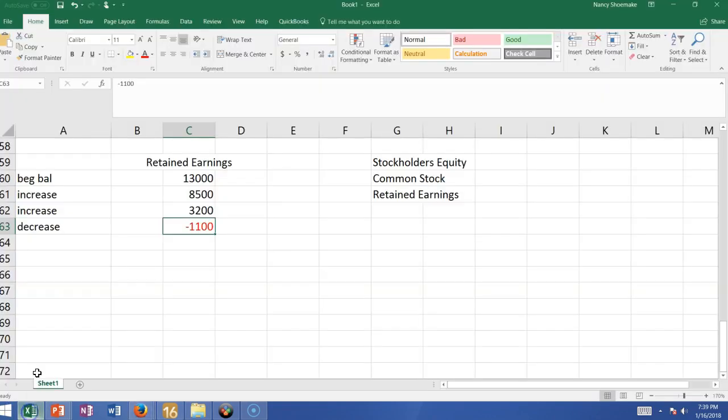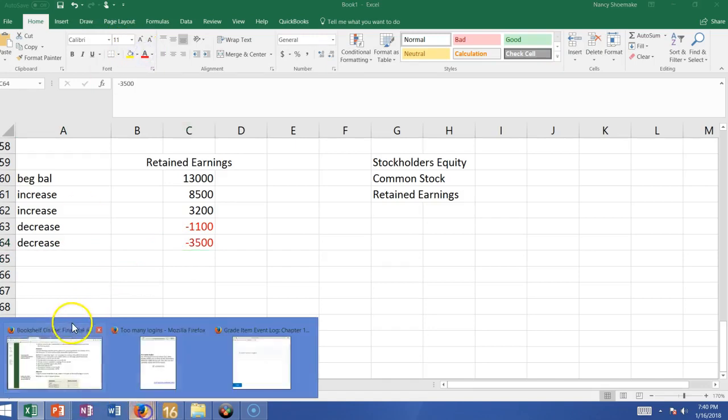Cash decreases and retained earnings also decreases. 3,500, is it? Okay.